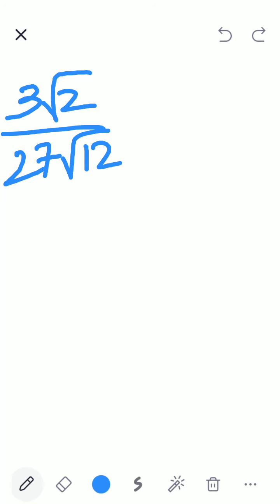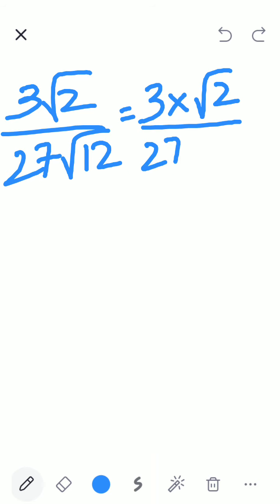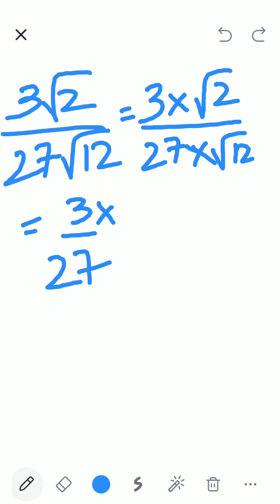So what happens here? 3 root 2 means nothing but 3 multiplied by root 2, and 27 multiplied by root 12. The numbers which are not inside houses, we can write together, which are 3 by 27.